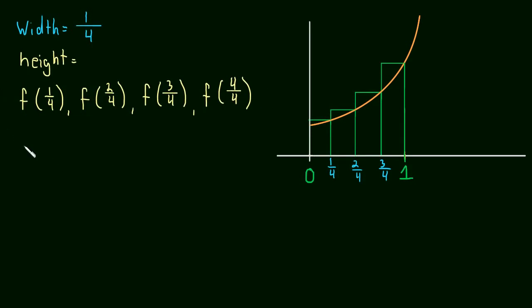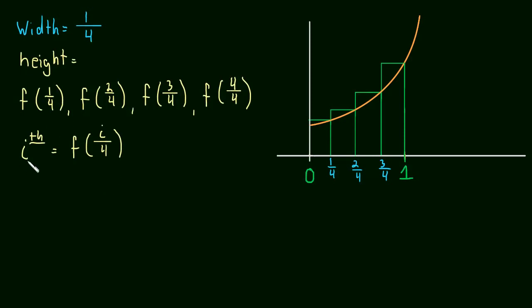So here, if we want the ith height, what's our formula going to be? The ith height, so the height of any rectangle. That means if I give you i as 2, the second rectangle, you better find a formula that spits out f of 2/4. Well, it's just going to be f of i over 4.